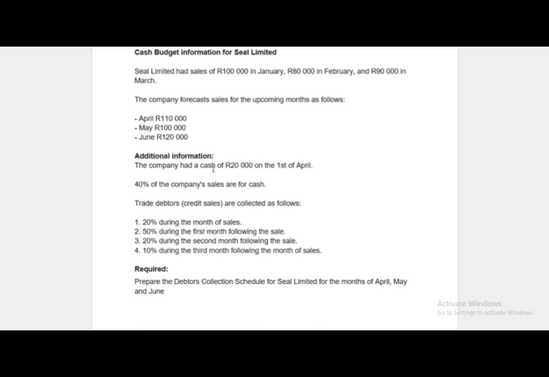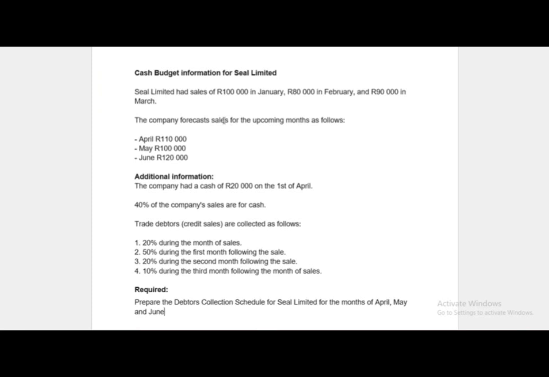So now let's calculate the credit sales. We're going to calculate credit sales for January, right? The total sales for January is 100,000, which is 100%. All we need from this 100,000 is 60%. That is for credit sales, right?